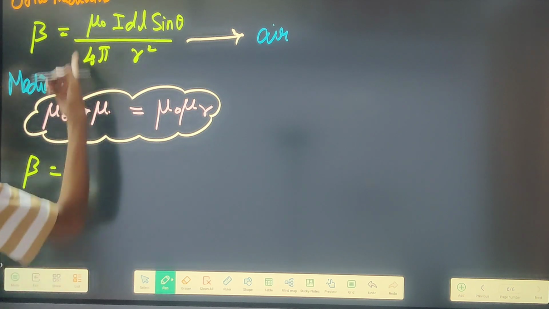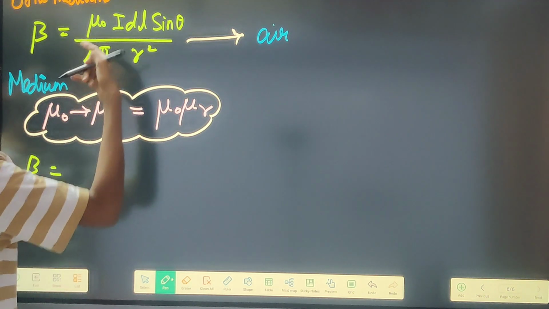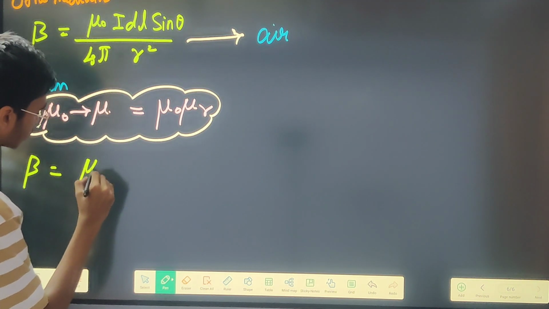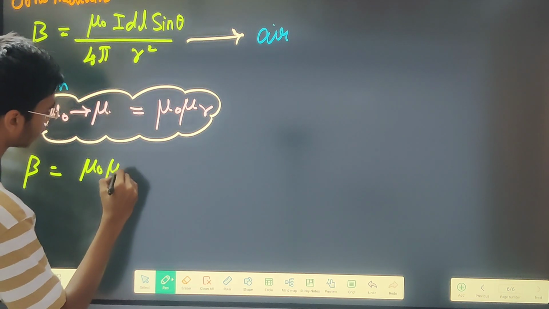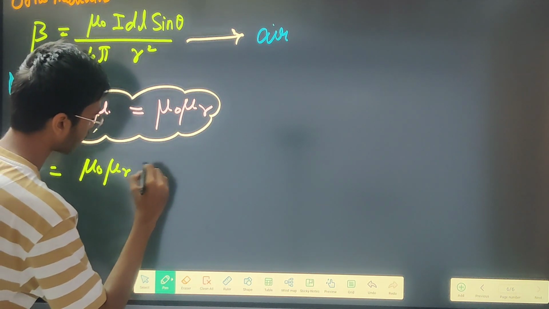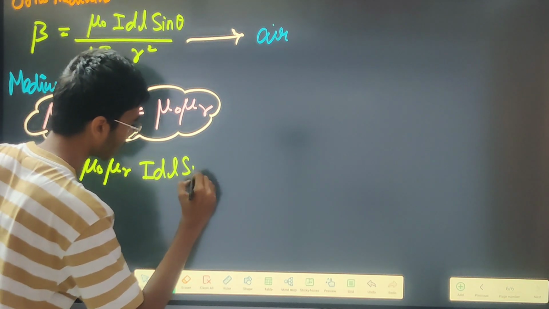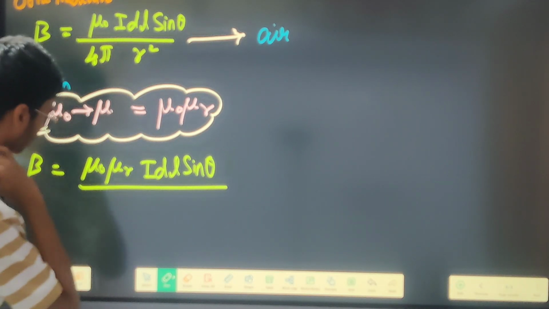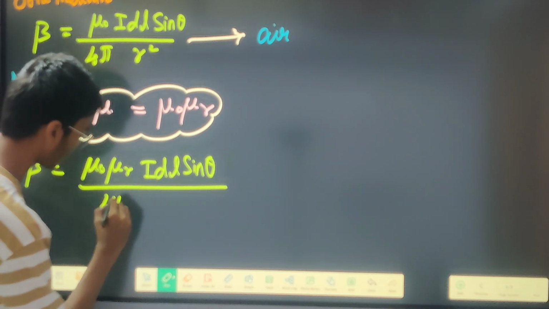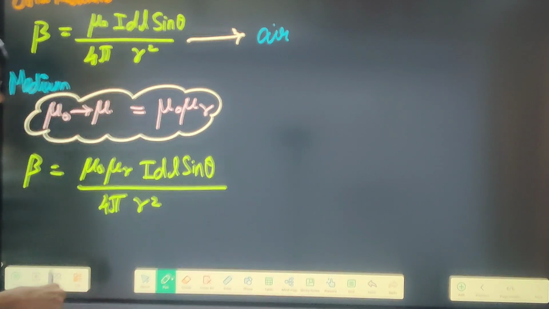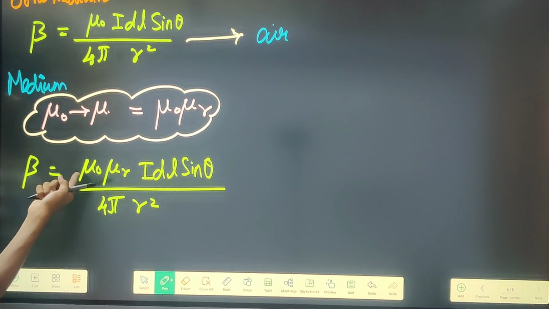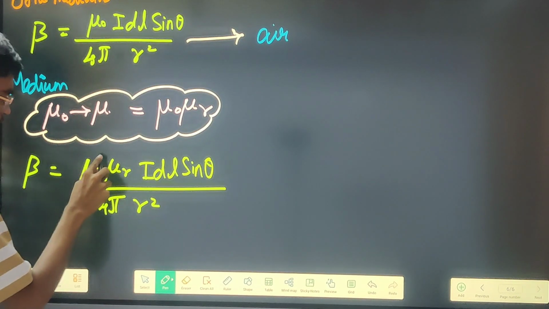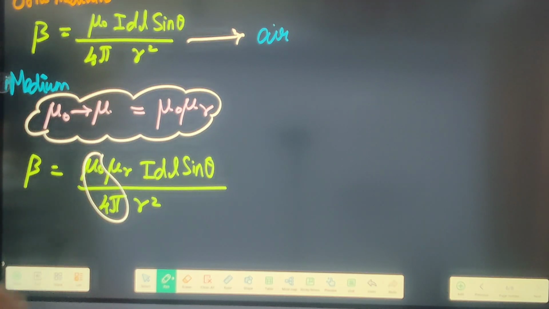B is equal to, instead of this I am going to write mu naught mu r into I dl sine theta whole divided by 4 pi r square. Instead of this total value I can write 10 to the power of minus 7.